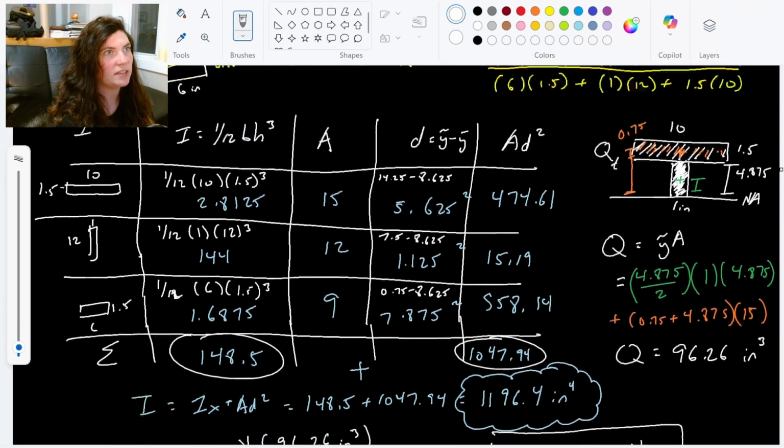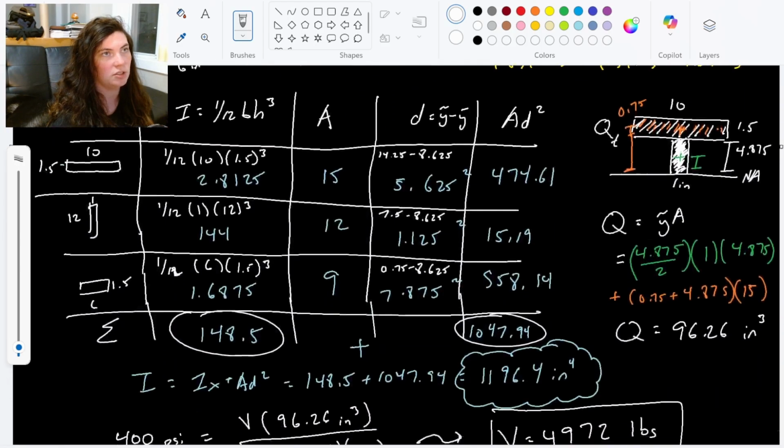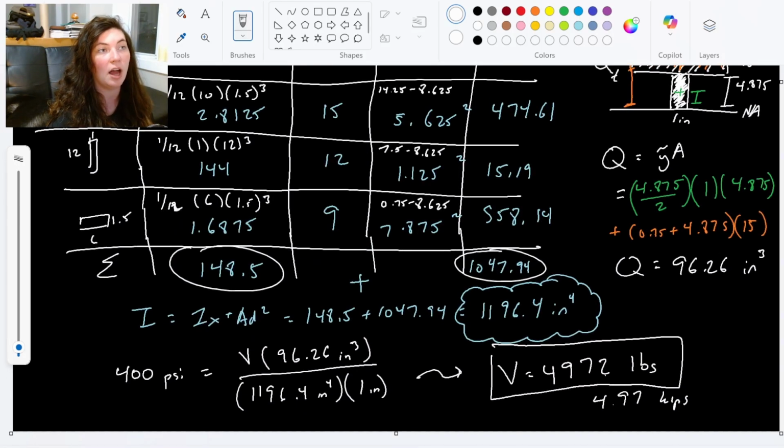This is our max shear that we can subject this group of 3 boards to, to not exceed this allowable shear stress. If we wanted to draw a shear and moment diagram, there could not be a shear greater than 4,972 pounds.